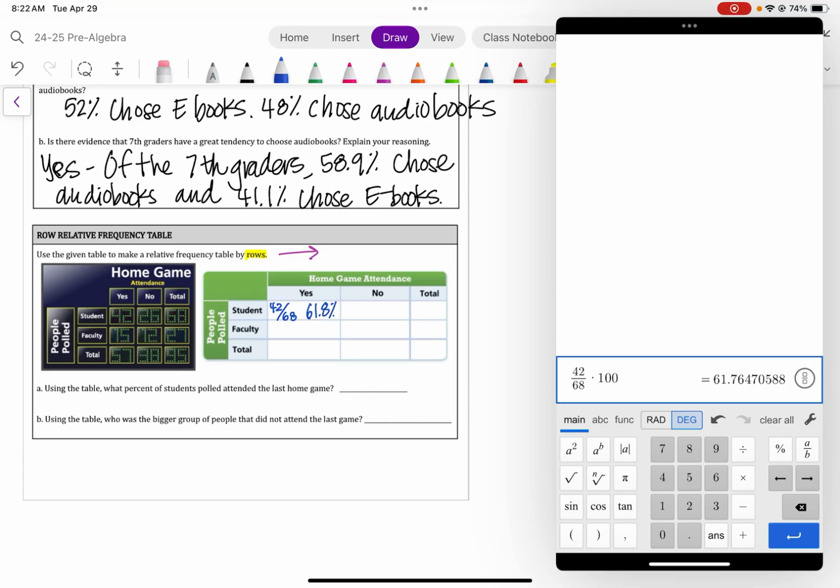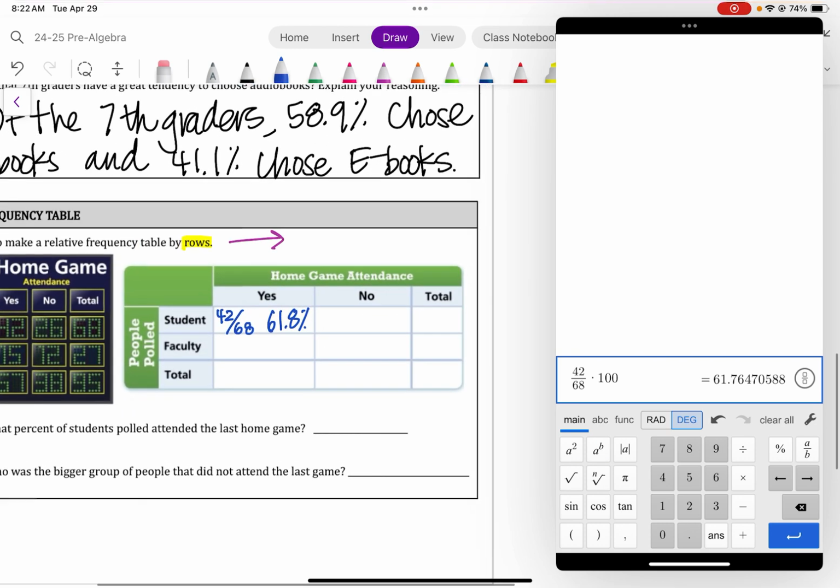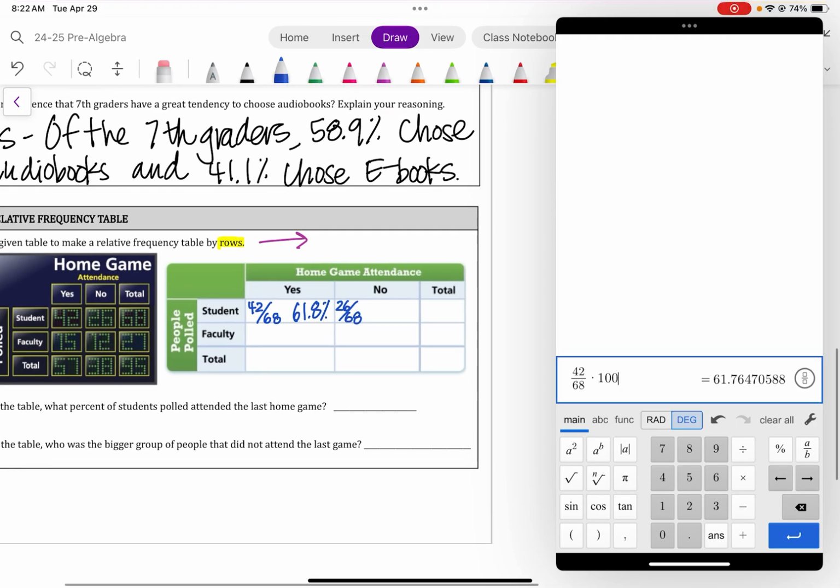Now we got to do the same thing for the students who didn't attend. So 42 did attend, that means 26 did not. So 26 out of 68. So 26 divided by 68, we're going to take that amount and multiply it by 100 to make a percent.